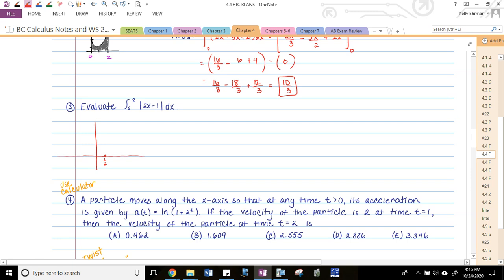If you plug in 0, you're going to get 1. So that's our starting point. And I know it goes down like this. Then when we plug in 2, because that's our end point, you get 3.